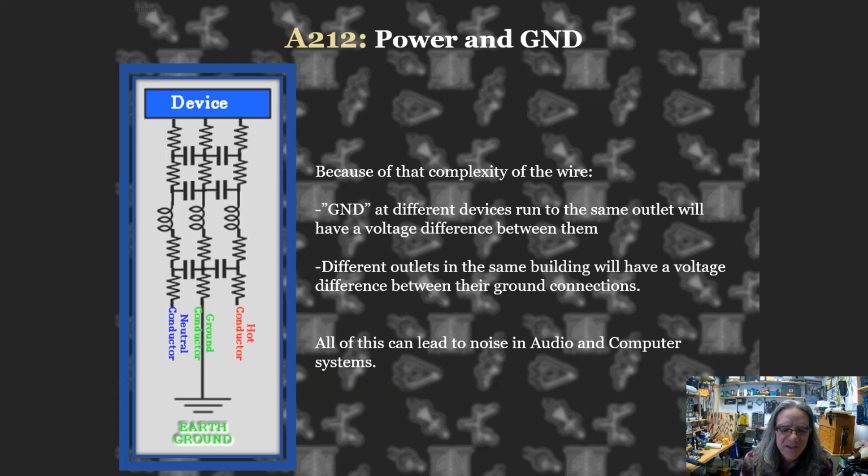Another thing to consider is that if you had different outlets in the same building, there's an earth wire between them, so there can be a difference between the earth connection at one outlet and at another outlet. In audio, we can think of that being, so you've got a live sound system with a front of house console, and you've got a power cord running from the stage to that front of house console, because that's an easy way to do it.